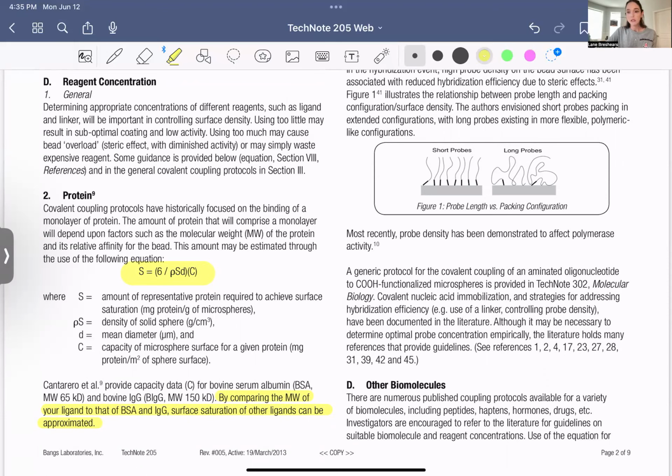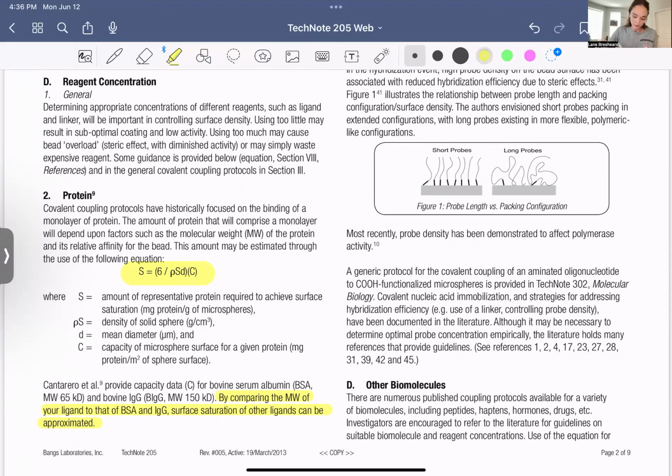It's supposed to be relating that to the affinity for the bead, but it's not perfect. Essentially, some people did good research on the capacity for bovine serum albumin and for bovine antibodies. And you can compare the molecular weight of those two molecules to your particular protein in order to calculate how much to add. It's not perfect though. So once you get your number, you want to adapt it.